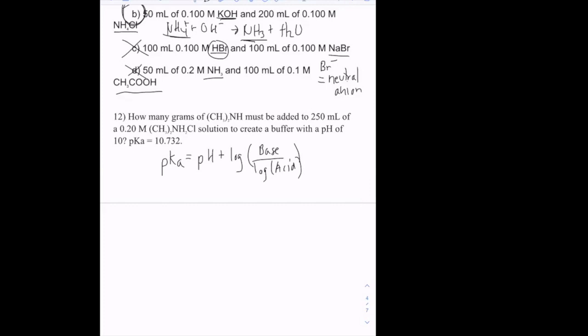Oops, I wrote that wrong, sorry. So it's actually going to be pH equals pKa plus log of the base over the acid.